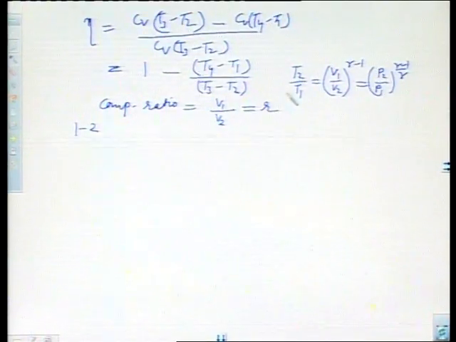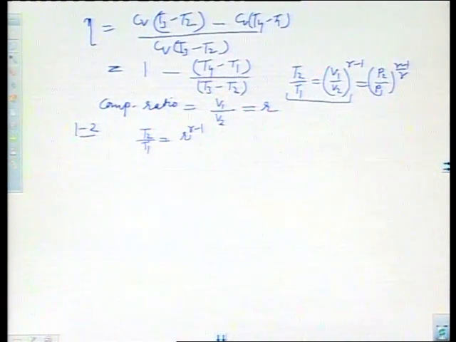Now, I will take this one. During the process 1-2, T2 by T1 is R to the power gamma minus 1. Compression ratio, we have taken V1 divided by V2 is compression ratio of the cylinder.